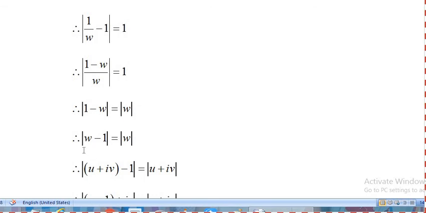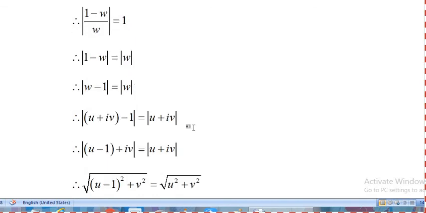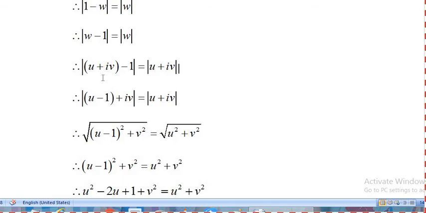So absolutely no problem. For our convenience, we are saying this is modulus of w minus 1 is equal to modulus of w. We know w equal to u plus iv. So modulus of u plus iv minus 1 is equal to modulus of u plus iv. And this is modulus of u minus 1 plus iv is equal to modulus of u plus iv.